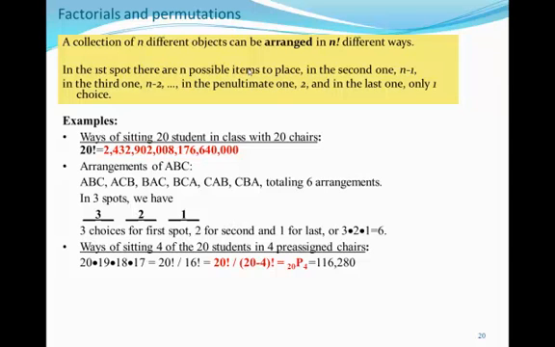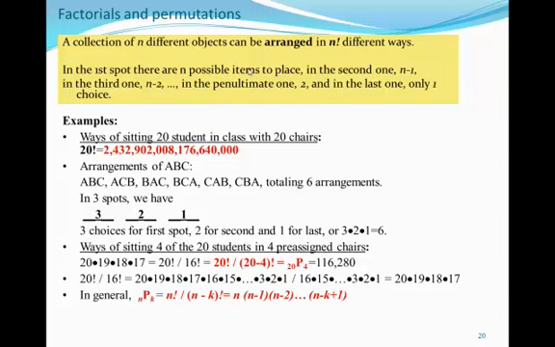You can view this as first seating 20 students in 20 seats, and then seating the other 16 students in 16 seats. Then those 4 students will be sitting in the 4 pre-assigned chairs. So that consists of a permutation, P(20,4).